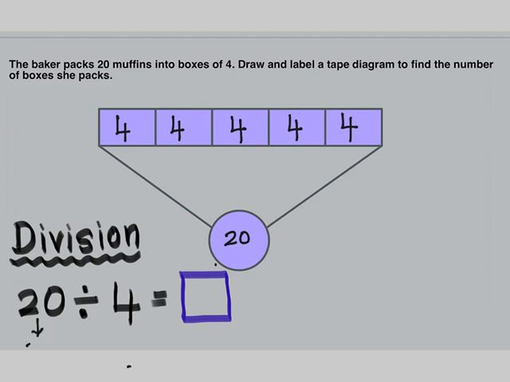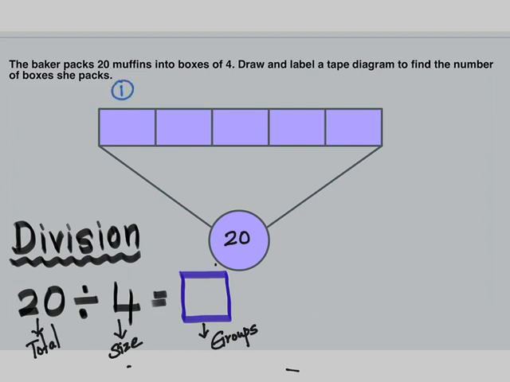So 20 is the total number of muffins, and 4 is the number of muffins that is present in one box. So 4 is the size, and what we have to find is the number of groups. Okay, now let us count the number of boxes that is needed to put all the 20 muffins in, where each box contains 4 muffins.